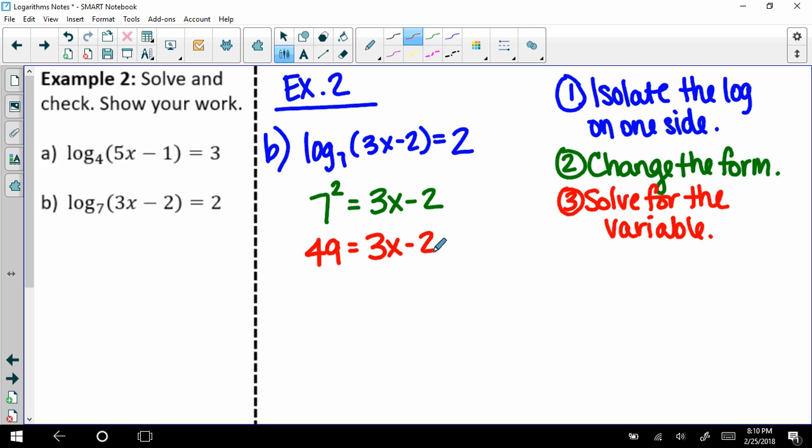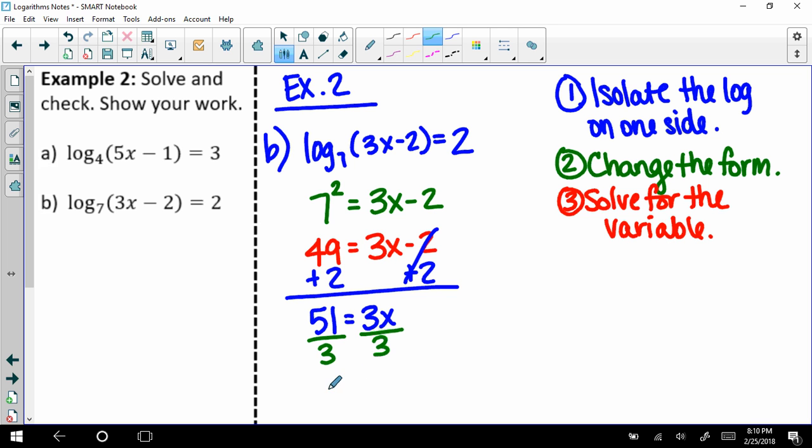equals 3x minus 2. So now we add 2. So 51 equals 3x. Divide by 3. So x equals 17.